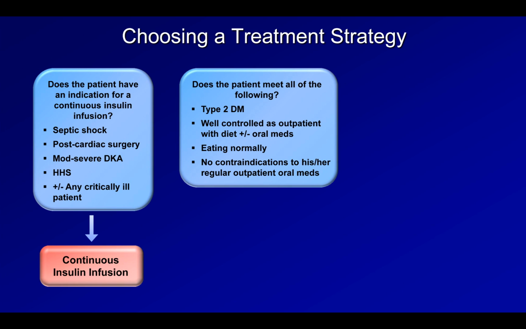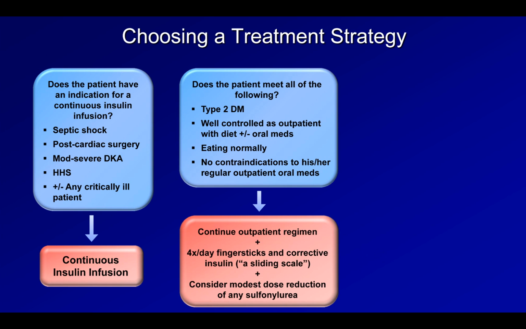If all these criteria are met, then the most appropriate treatment strategy is to continue the outpatient regimen and add a 4 times a day finger stick, that is, a bedside glucose check, along with a sliding scale. If the patient is on a sulfonylurea, such as glipizide or glyburide, the provider should consider a modest dose reduction, as these meds can lead to hypoglycemia if the patient's PO intake is not equal to that as an outpatient, which is common in the hospital.